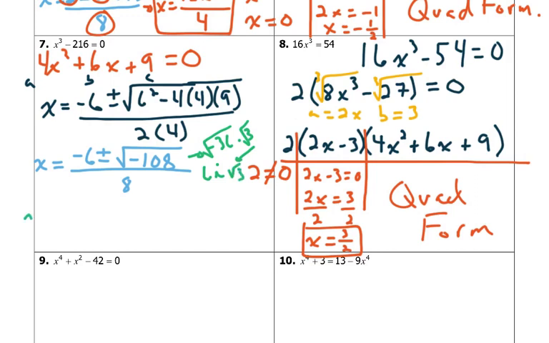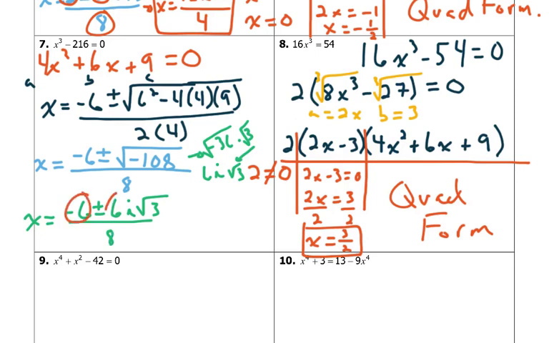So when we simplify this, we end up getting x equals -6 plus or minus 6i square root of 3, all over 8. Are we done? I wish. We're not quite yet. All right.